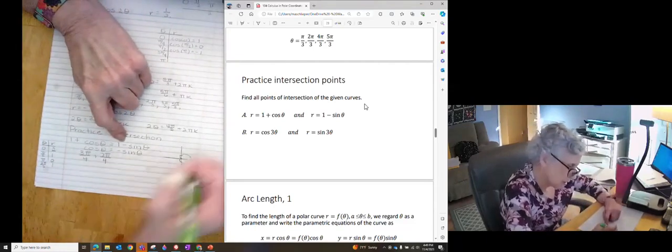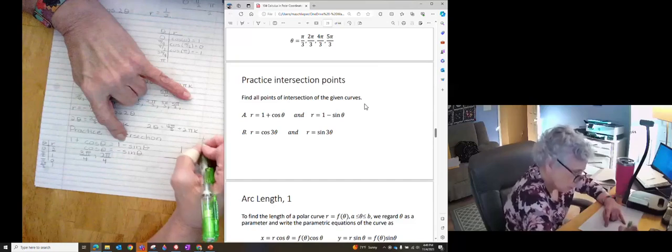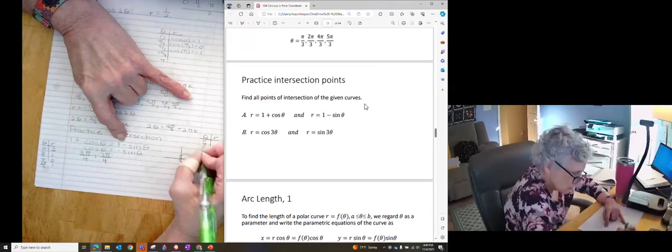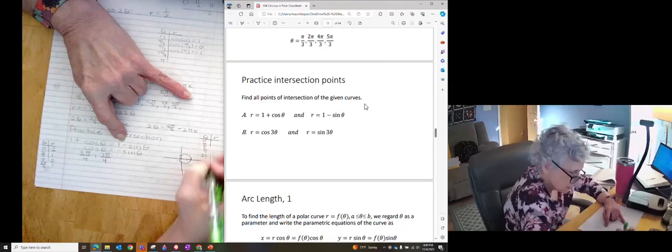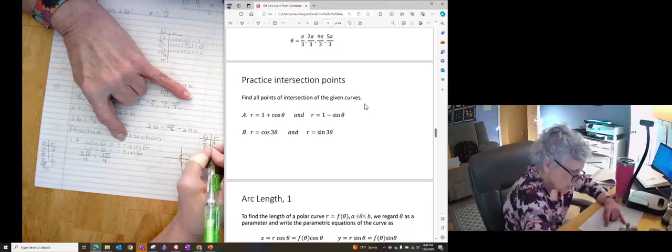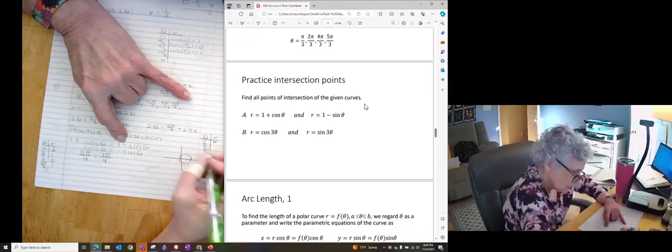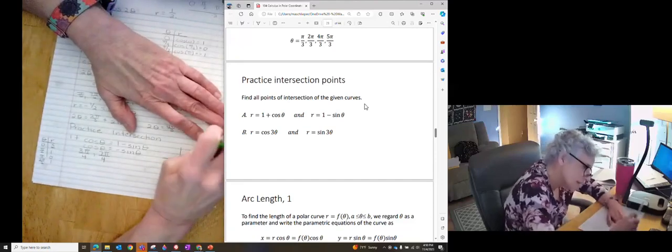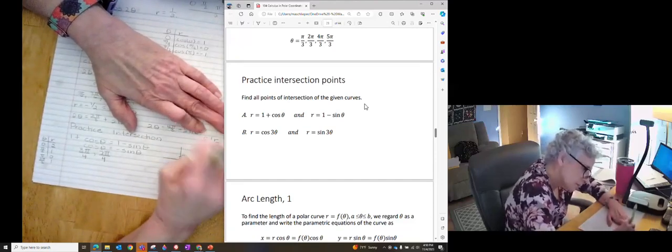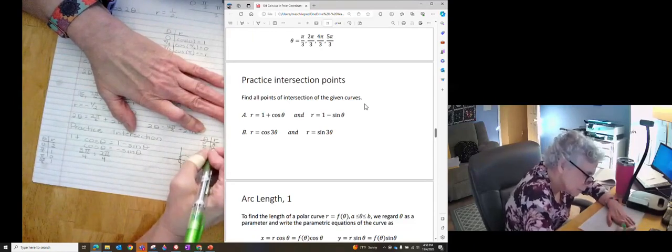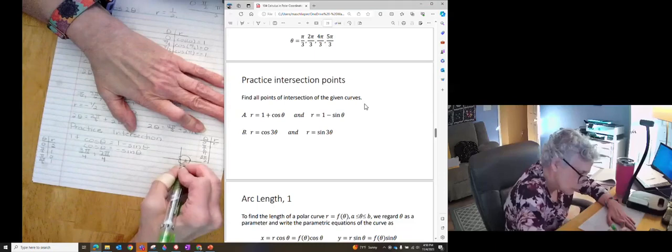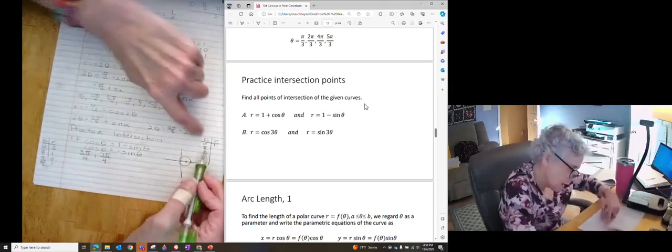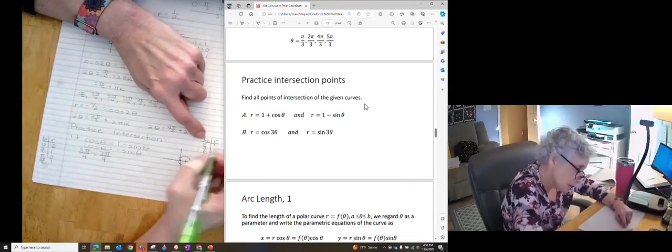1 minus sine theta, I'll do a little chart over here. 0, pi halves, pi, 3 pi halves. At 0, we're at 1 minus 0, so we're at 1. At pi halves, we're at 1 minus 1.